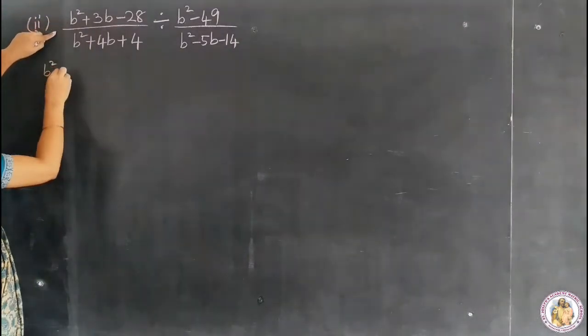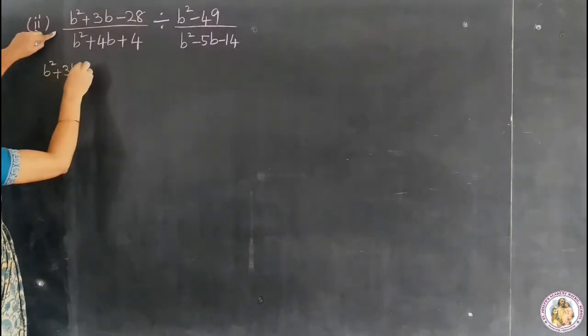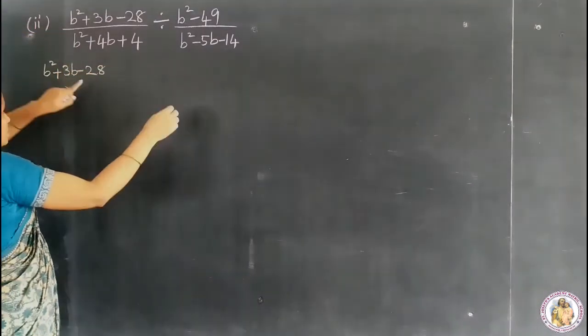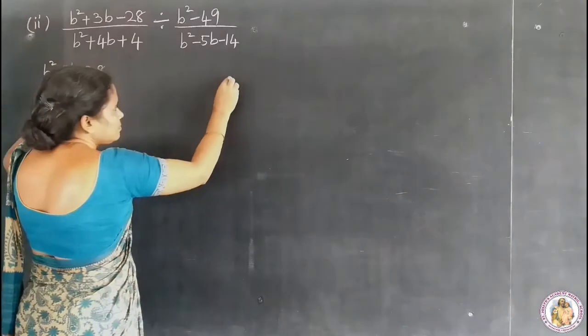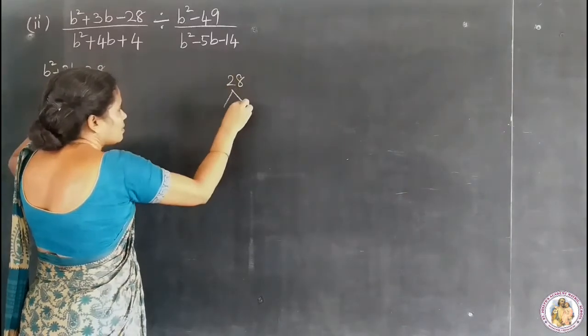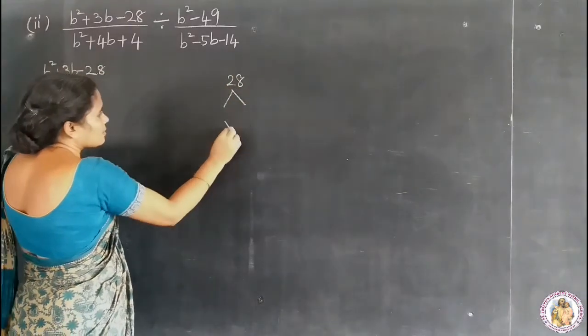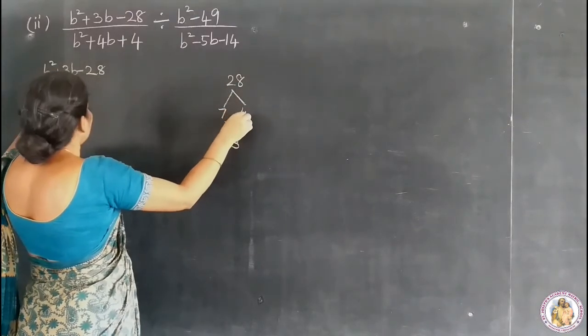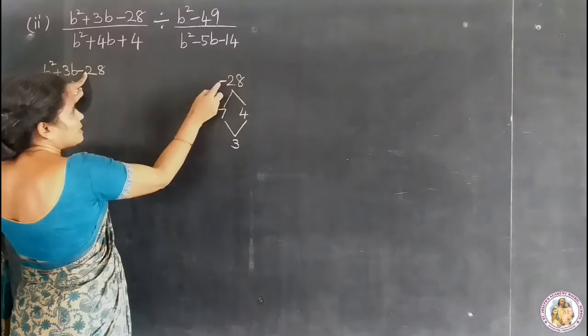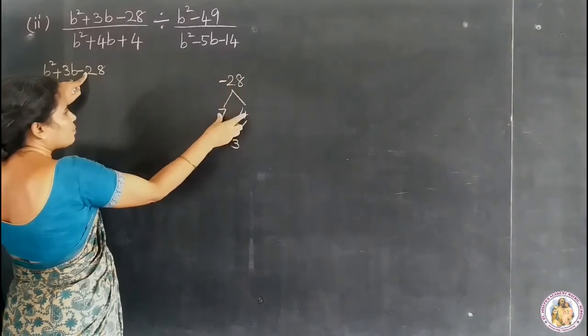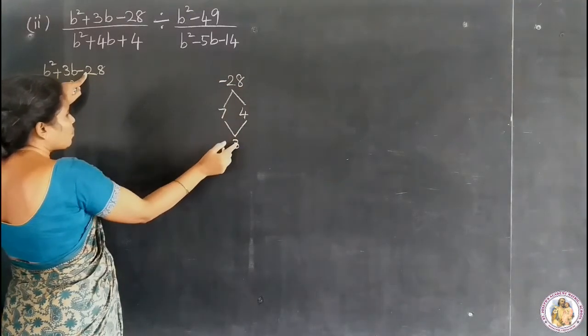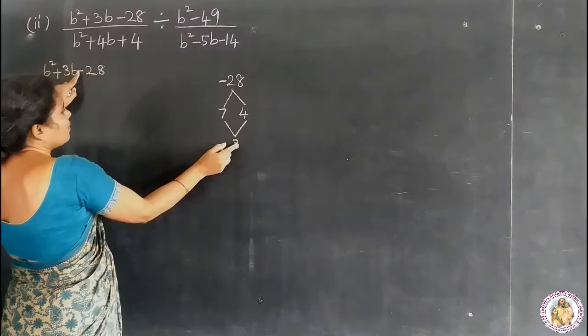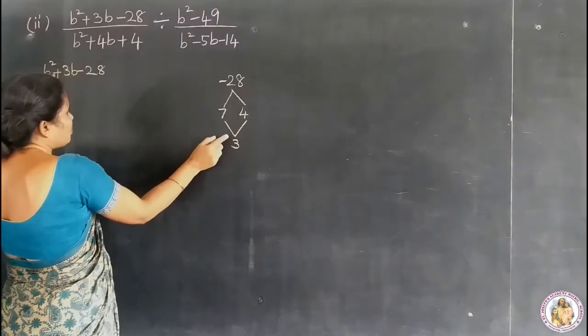So b square plus 3b minus 28. So for 28 we must get 3. So 7 4s are 28. We must get minus 28. So 7 4s are 28, 7 minus 4, 3. But we must choose where we must put plus.